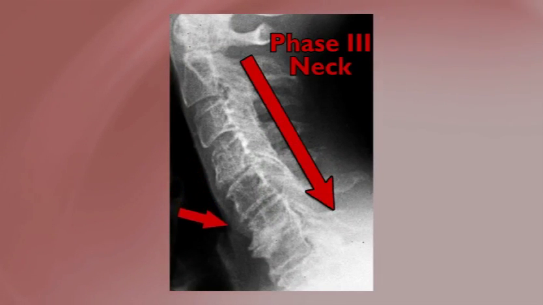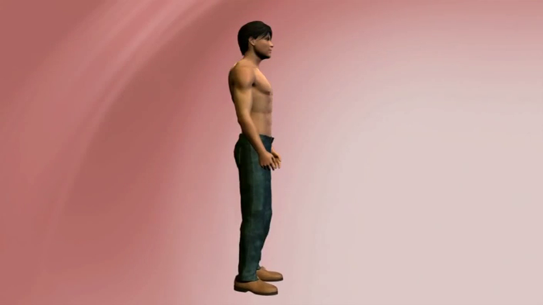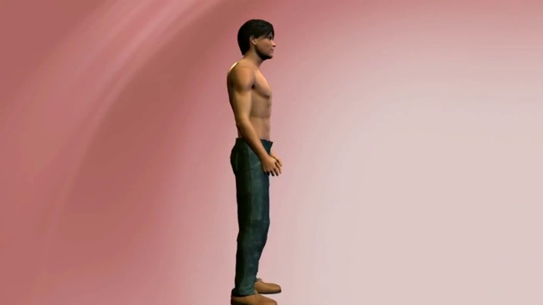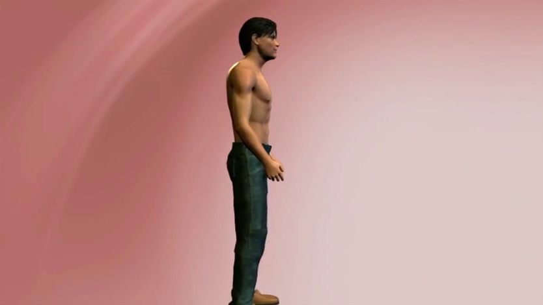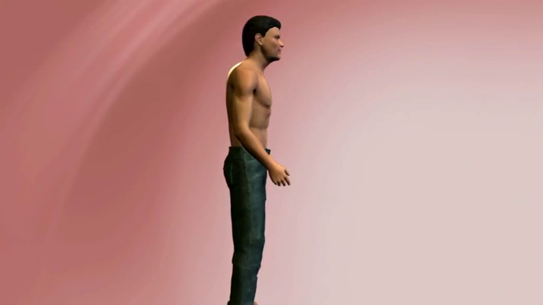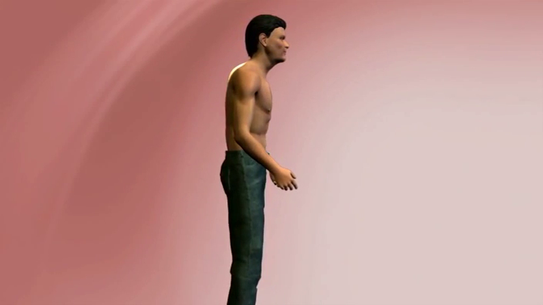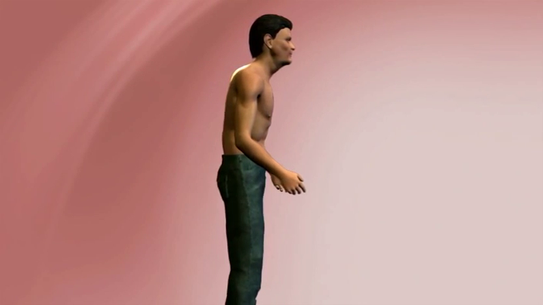And then notice where all of the decay takes place as the phases of degeneration move forward, right on the front of the spine. Now that you know what this process looks like inside your body, let's take a look at how it looks from the outside. You can see that as the curve is lost, the head moves forward from the shoulders. Gravity then takes over and continues to pull your head further and further out and down.